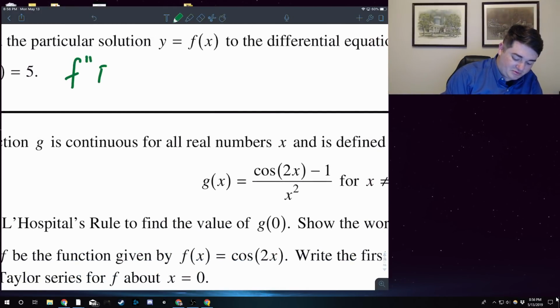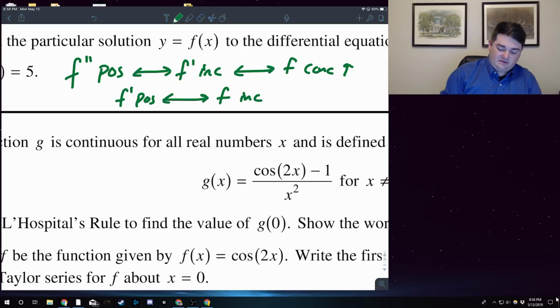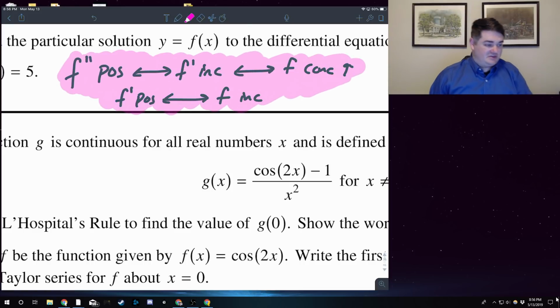If f double prime is positive, then f prime is increasing, then f is concave up, and if f prime is positive, then f is increasing. This to me encapsulates basically an entire chapter of the textbook, those relationships right there. So if you got that, or even if you can write that on a problem, then you can get those function relationship problems right.